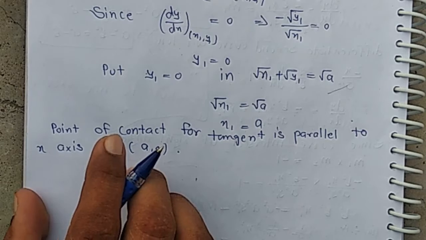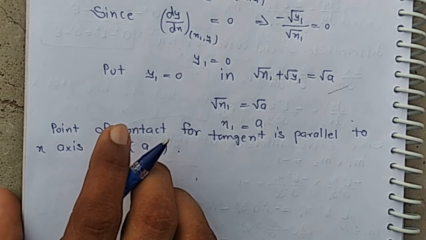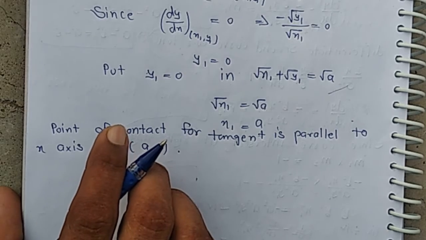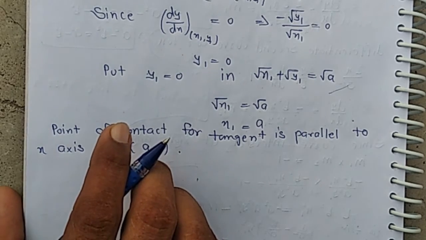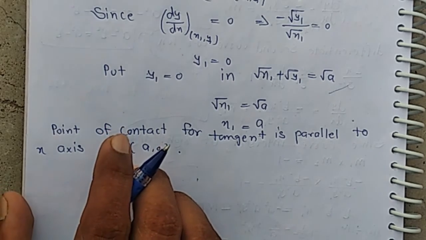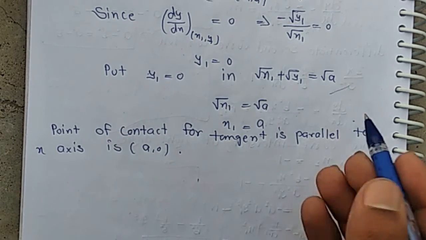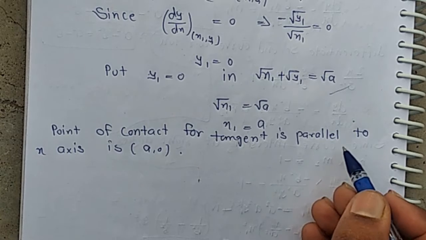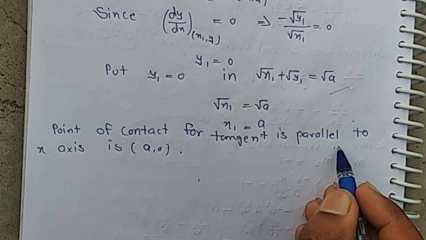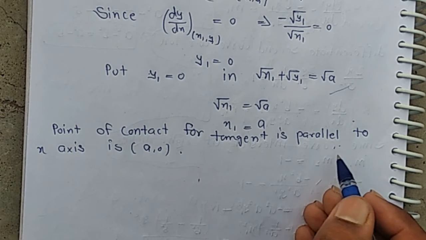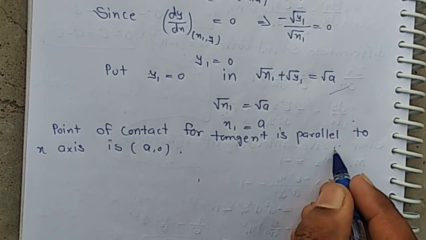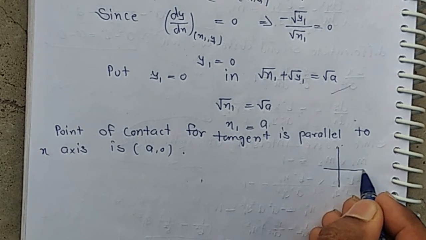Now when normal is parallel to x-axis, normal is parallel to x-axis means tangent is perpendicular to x-axis.